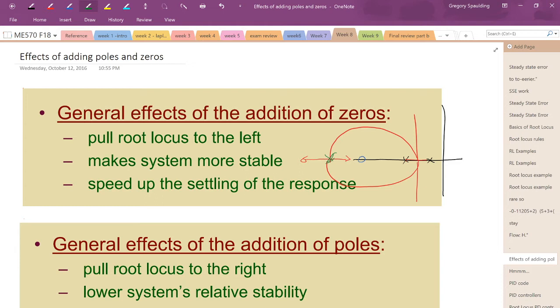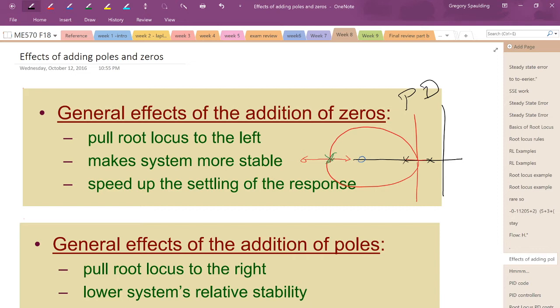So we've got a quicker system that is more stable. That's just the general rule for adding a zero. So if you were looking at a system and you want to speed it up, the first thing that should come to mind is a PD controller, a proportional derivative controller. That's going to speed the system up.